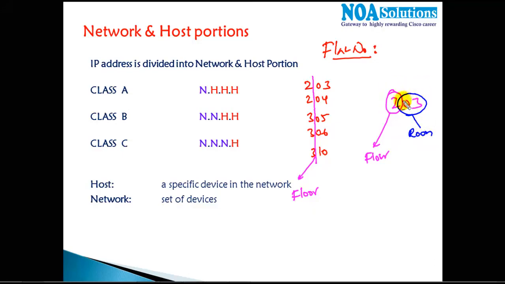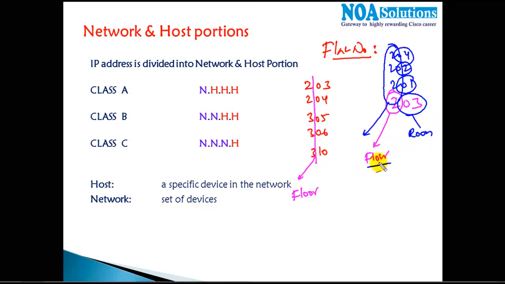Similarly, on that particular floor you may have more than one room, like 201, 202, 203, 204, but there will be one common part, and that common part identifies the floor, and the part which is not common identifies a specific room on that floor.